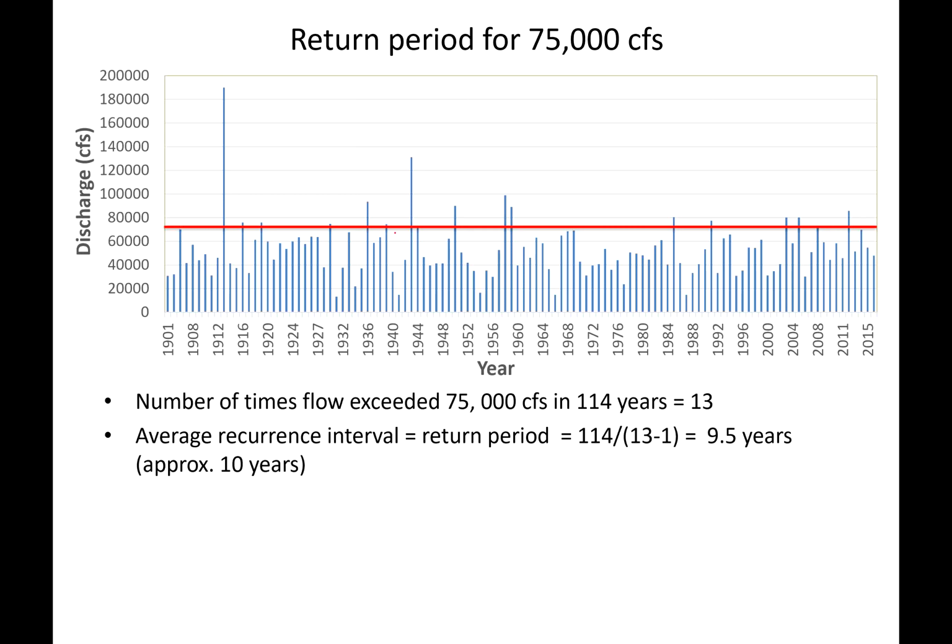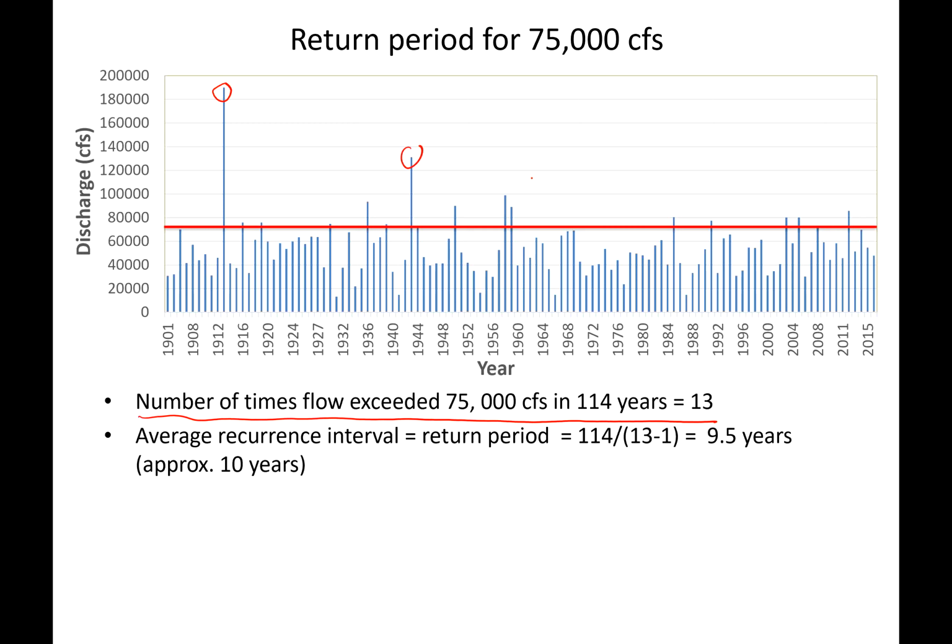I draw that line. Another definition of return period is that instead of defining it in exceedance probability terms, we discussed the average recurrence interval for a certain flow. So the average recurrence interval is the return period. What we try to do is find out how many times the flow exceeded 75,000 CFS. In this case, it exceeded 13 times.